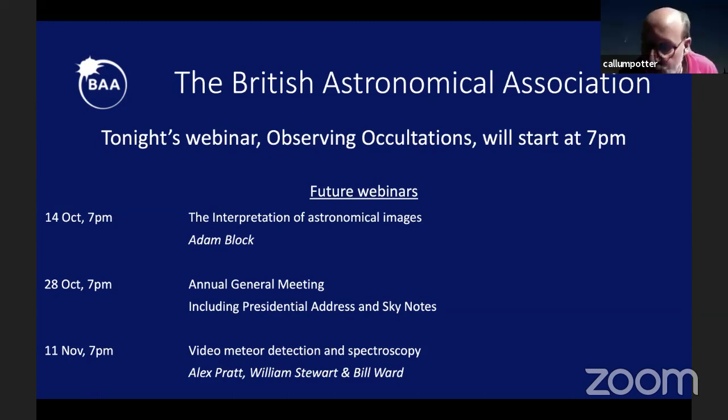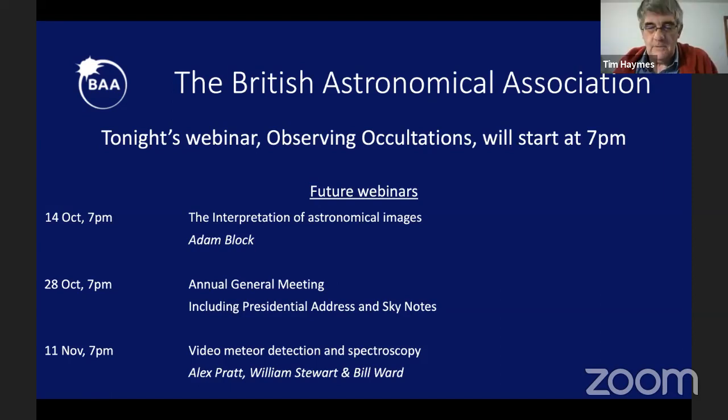And the question from Stephen is, does the software do the photometry automatically and produce the light curve? Yes, you load the video into the software and select the stars. Then it'll go away and do the processing and present the light curve.